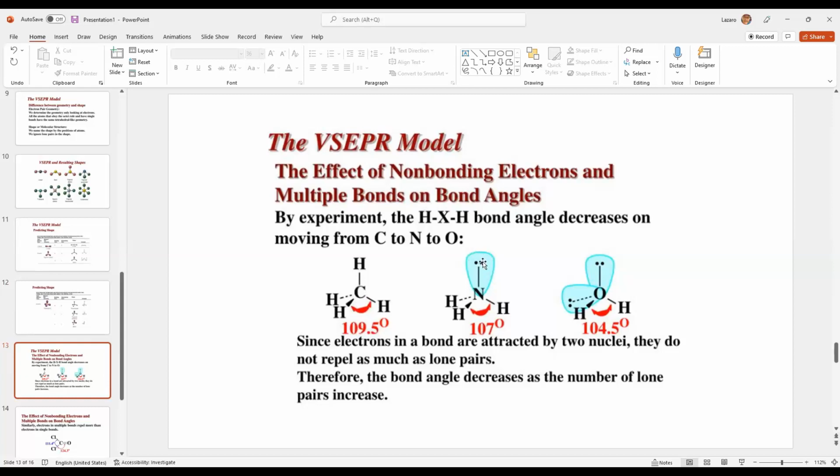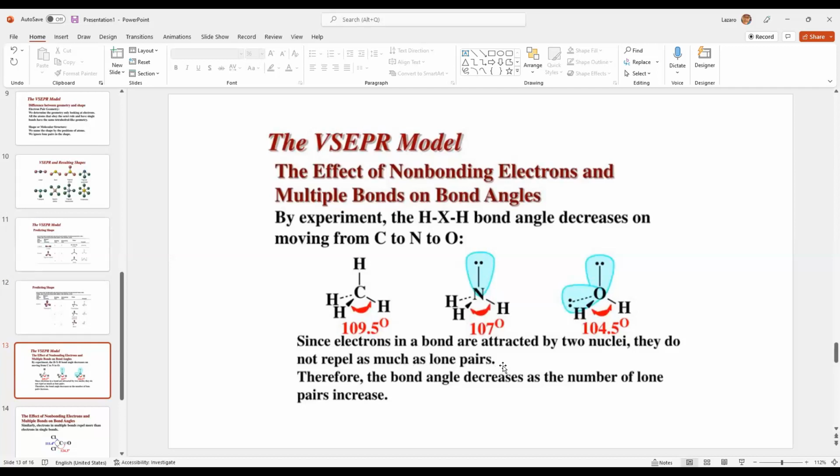But when you have a non-bonding pair of electrons in the central atom, this is the angle, and this is a pyramidal structure. In this case, you have two non-bonding pairs of electrons in the central atom. Remember, always in the central atom, this is the angle and the structure will be bent.